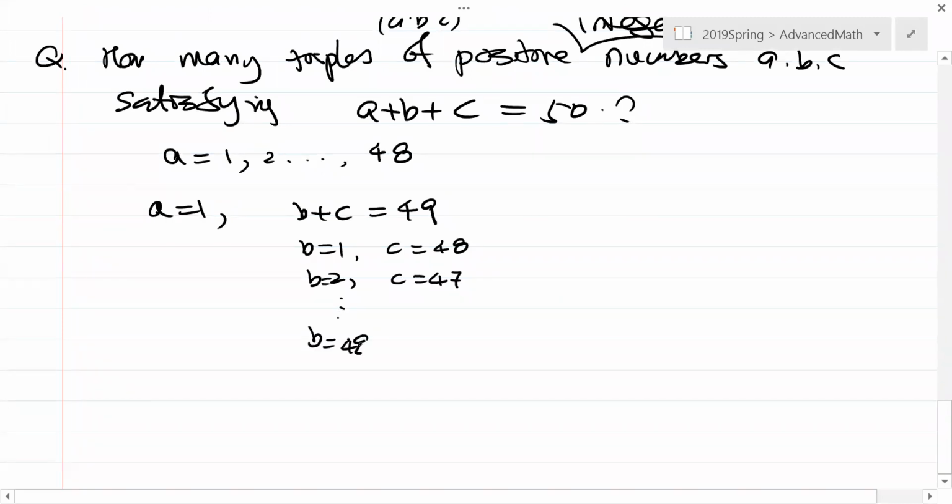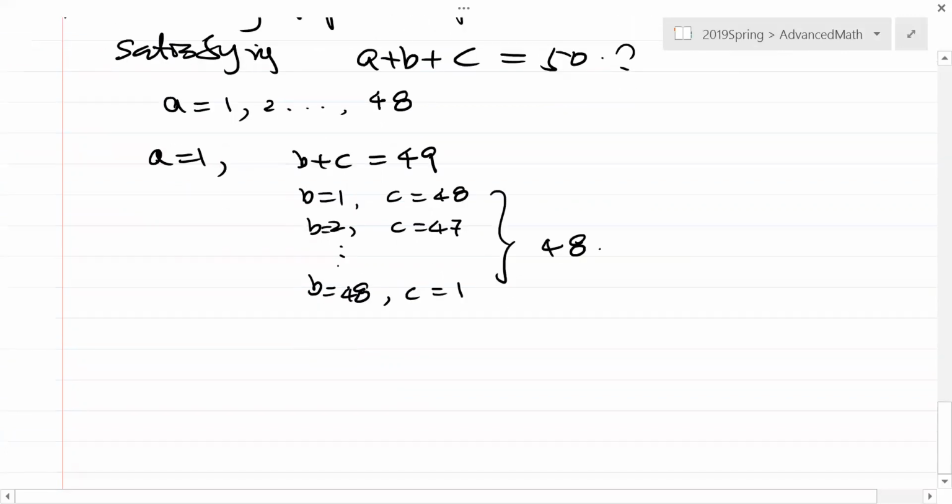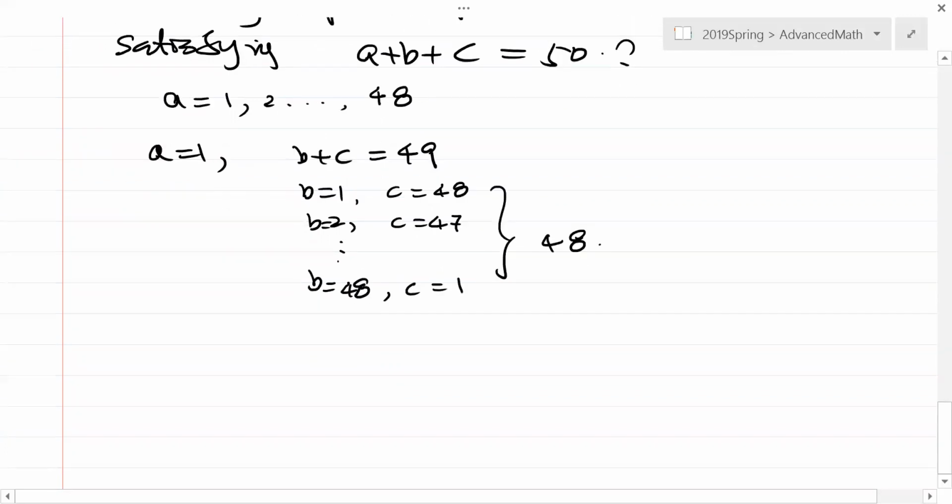B is 48 and C is 1. So in total, you have 48 solutions when A equals 1. But when A equals 2, you can get 47 solutions.